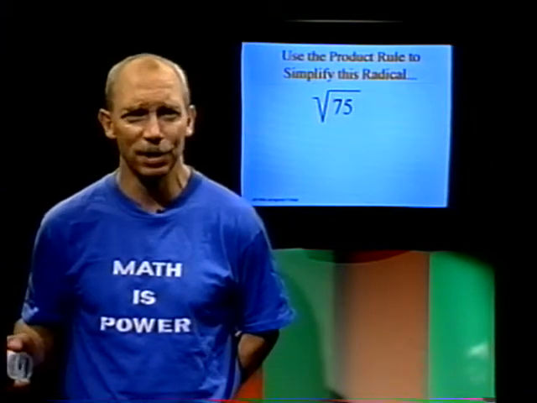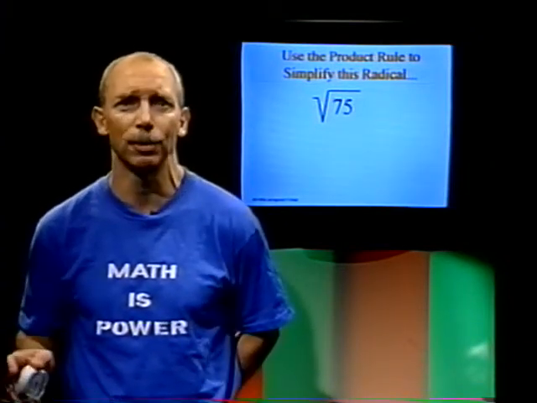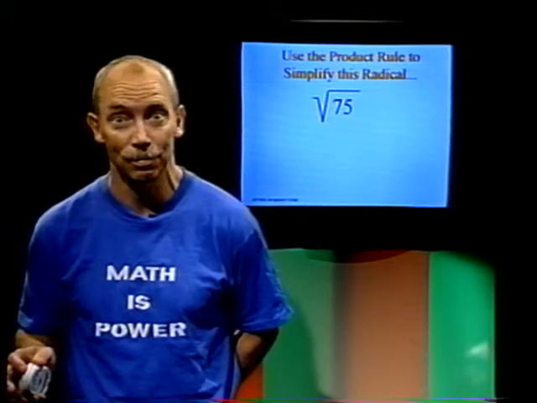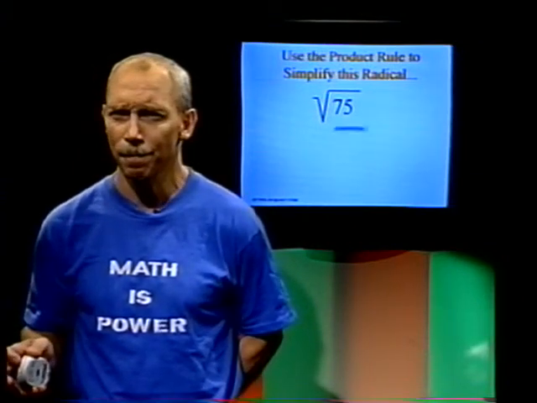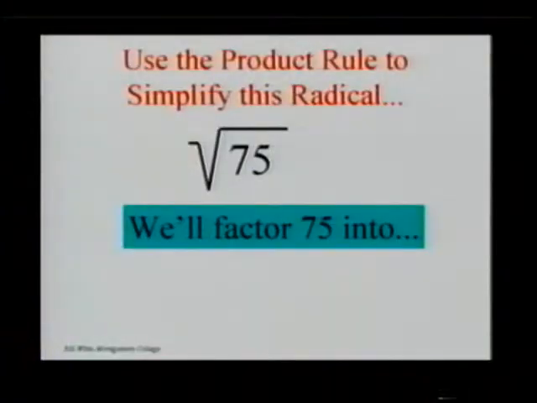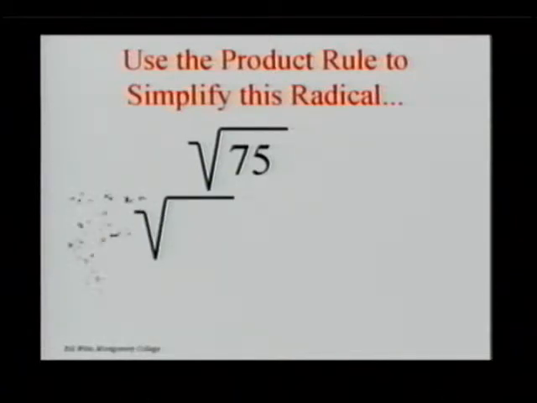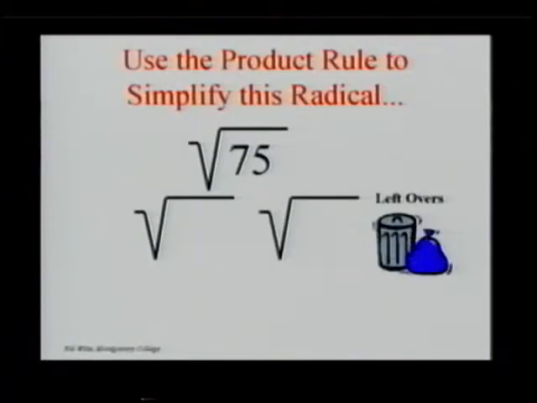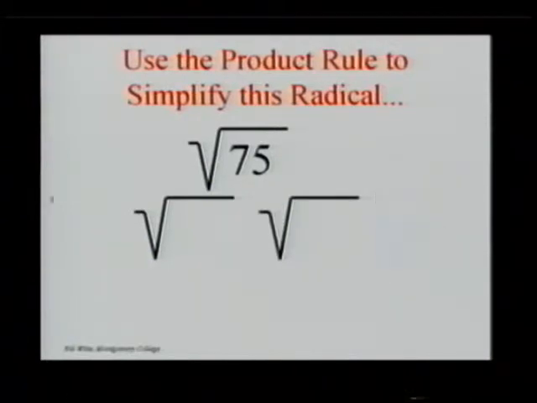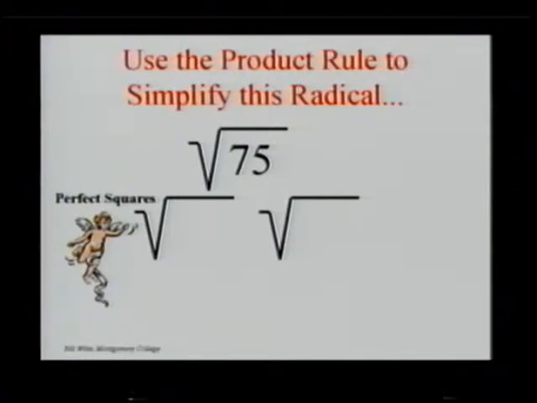But it's going to be the same idea every time you try to simplify. We're going to break it into good and evil. The square root of 75, we want to factor it into good and evil: the perfect square roots and the garbage left over. What's a perfect square root that goes into 75?